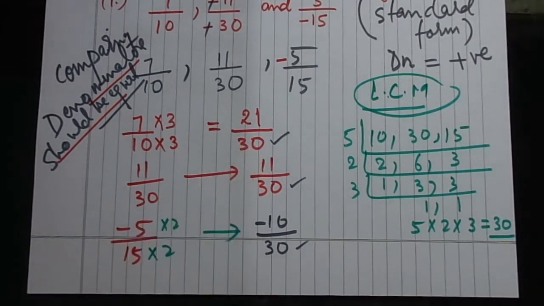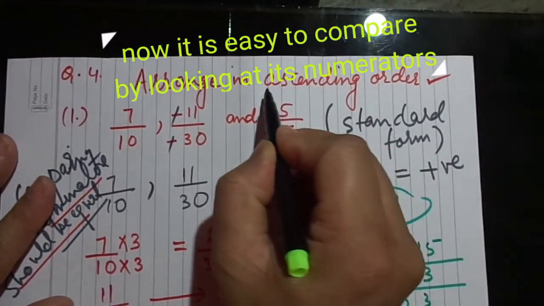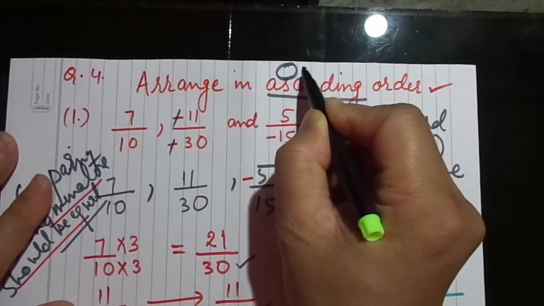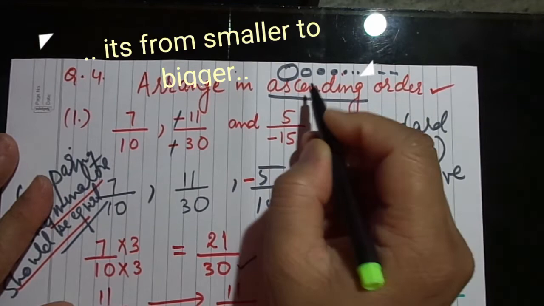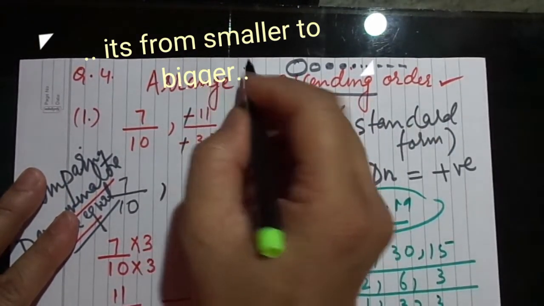Now can you compare? Let me see ascending order. Ascending order means, when you're talking about ascending order, it means from bigger number to smaller number, isn't it? From smaller to bigger. I am wrong over here.